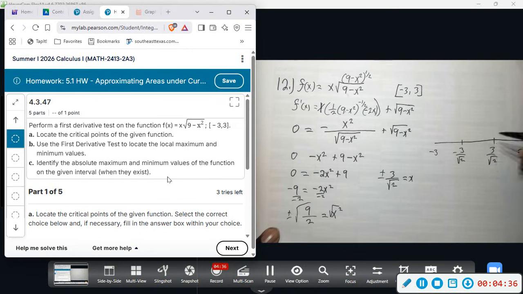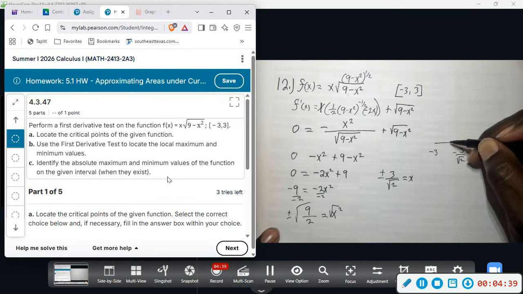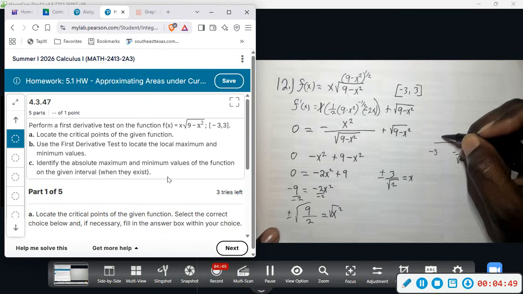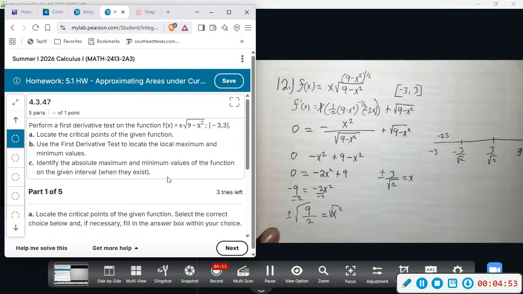I do know square root of 2 is 1 point something. So we can just say -2.5 that we can use to test here. In between these, we can say 0. And then over here, I'll just say +2.5. Okay, so just trying to pick something in between.